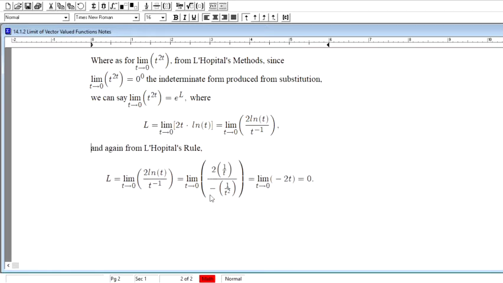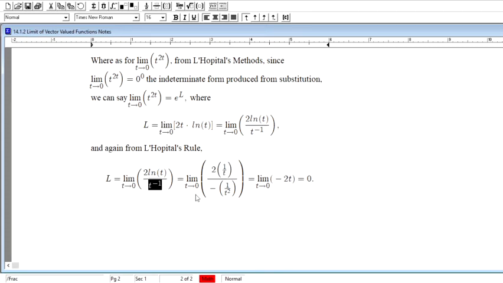Again, from L'Hopital's rule, this value of L I'm interested in, which is just the limit of this ratio, can be thought of as the limit as t approaches 0 of the derivative of the numerator over the derivative of the denominator. Those are quick calculations. In the numerator, that is just 2 over t, or 2 times 1 over t.